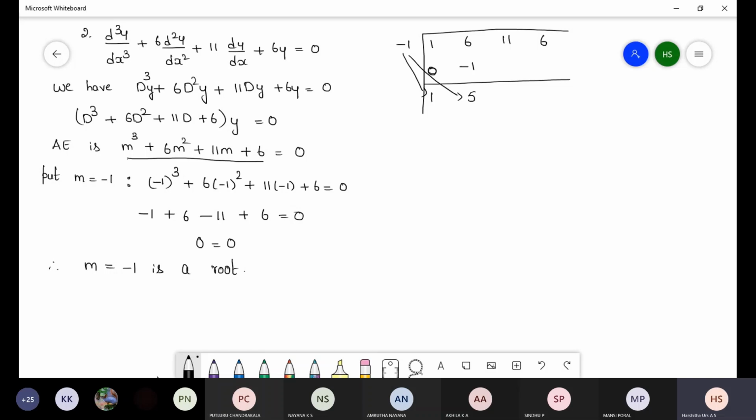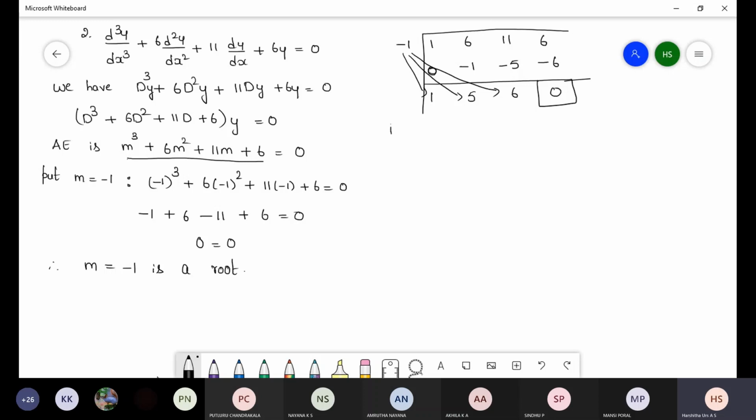Next -1 into 5 is -5. 11 minus 5 is 6. Last term -1 into 6 is -6. 6 minus 6 is 0. This is the synthetic division method.